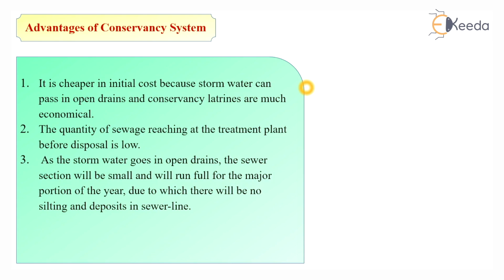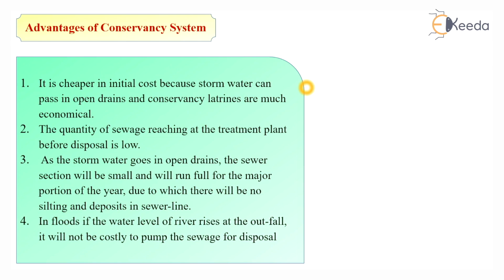As the stormwater goes in open drain, the sewer section will be small and will run full for the major portion of the year, due to which there will be no silting and deposit in the sewer line. In flood, if the water level of the river rises at the outfall, it will not be costly to pump the sewage for disposal.